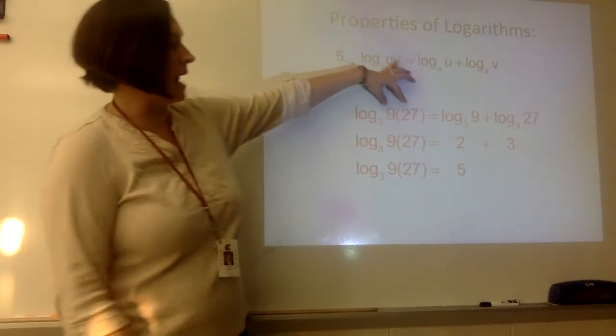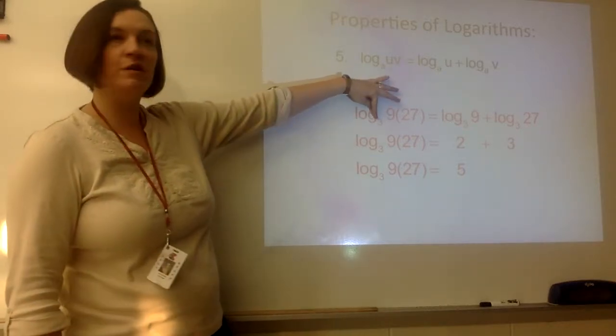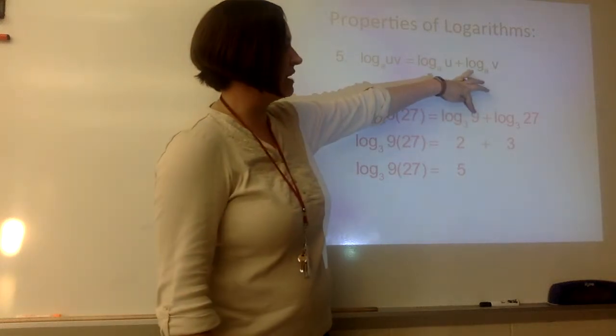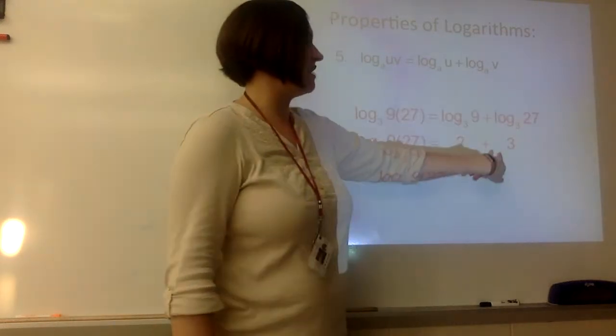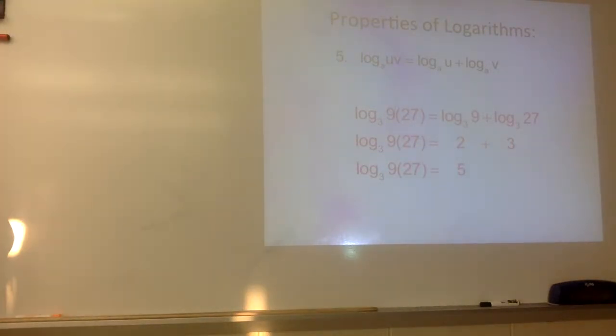If I want to take 9 times 27 in the answer spot, and I pick nice numbers so you could understand and think it out on your own, log base 3 of 9 plus log base 3 of 27, isn't this just the product rule of multiplication? With like bases, you add them. Right?